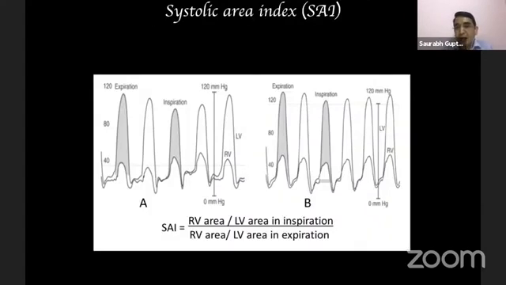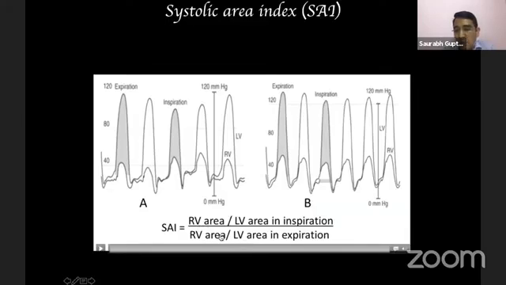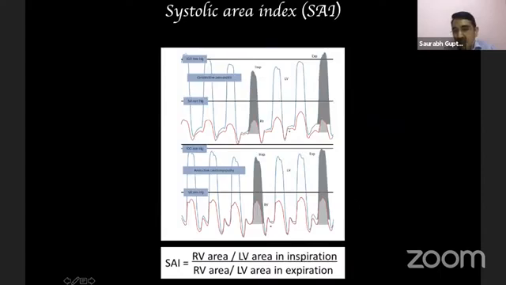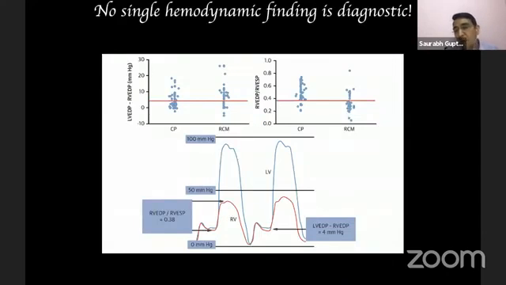Now this is the systolic area index, and we all know systolic area index is RV area over LV area in inspiration divided by the same area in expiration, and this gives a better representation of the same. As you can see over here, since it is discordant during constrictive physiology, this systolic area index is going to be higher. It will be more than 1.1, while it will not be the same in the other one.